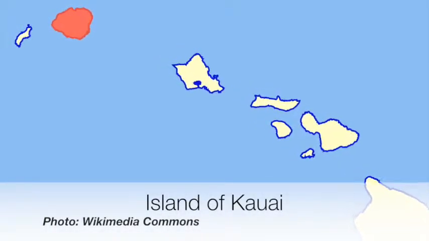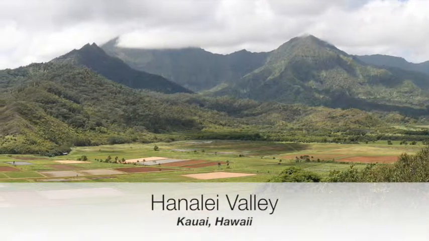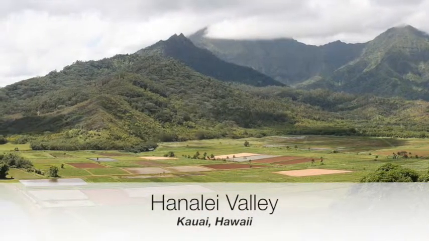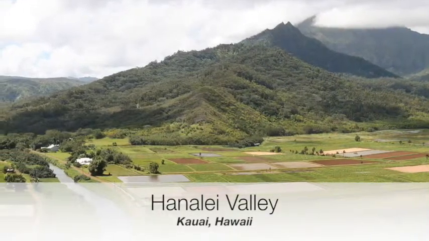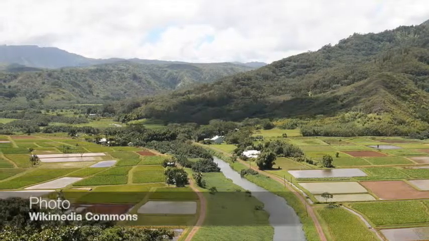So, for example, on the island of Kauai, in the valley of Hanalei, there is a big concern there because the river is full of these invasive fish. And based upon the data that we've shared with the managers, we have designed a barrier that essentially keeps the exotic fish out of the native area that they're trying to manage.